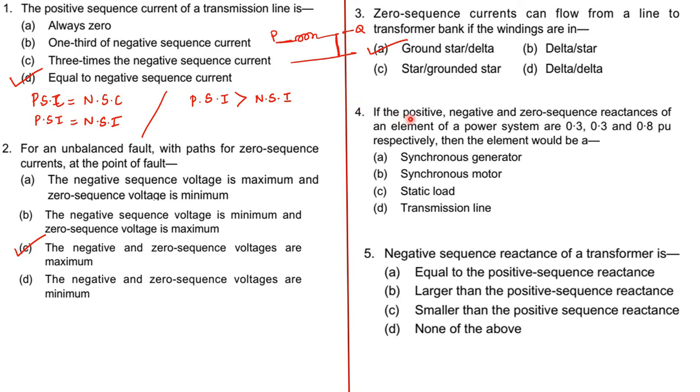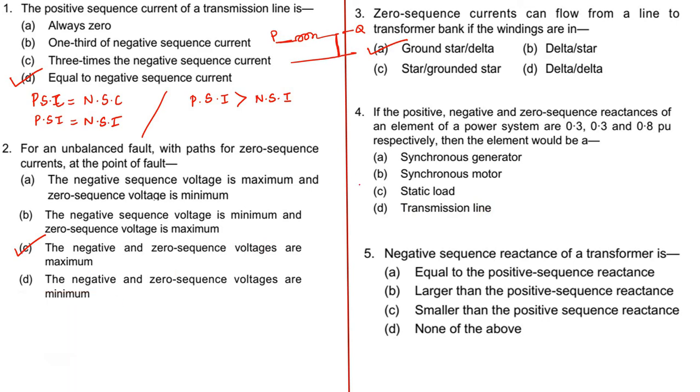Next question 4. If the positive, negative and zero sequence reactance of the element of the power system are 0.3, 0.3 and 0.8 per unit respectively, then the element would be A. synchronous generator, B. synchronous motor, C. static load and D. transmission line.